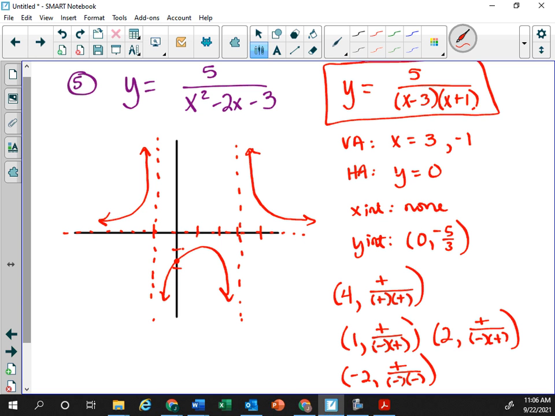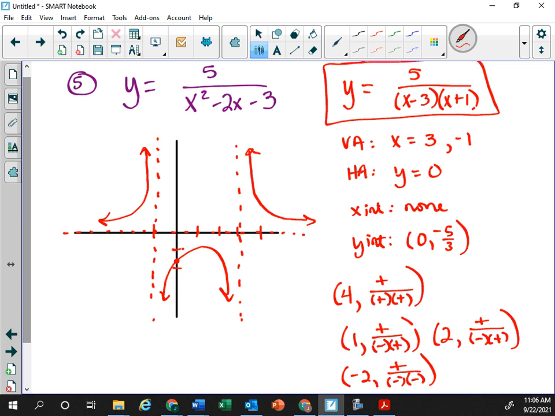Anybody have questions on what I'm doing with these pluses and minuses? Is anybody looking at that just going, what in the world? Why are there so many pluses and minuses? Yeah, because again, I don't really care if I plug in 4 whether it's 4.2 or 4.57.